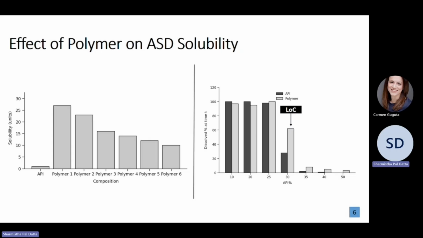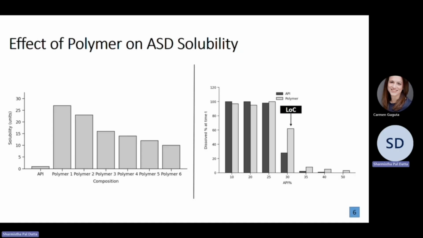As you can see here, as a schematic, from polymer 1 to polymer 6, the solubility enhancement decreases quite a bit.